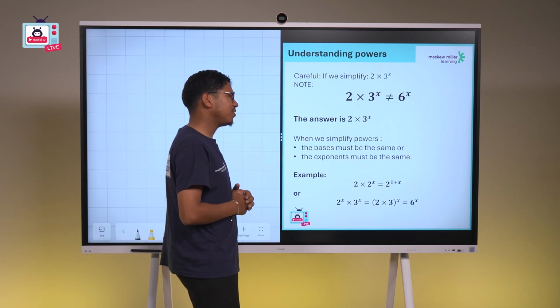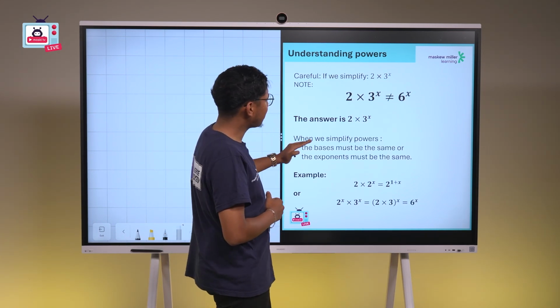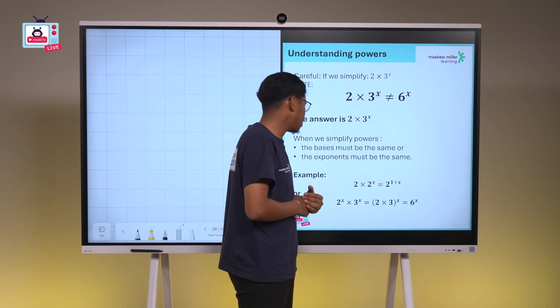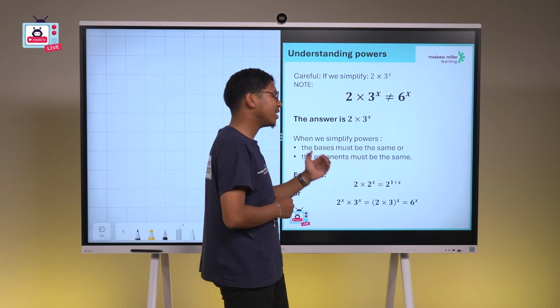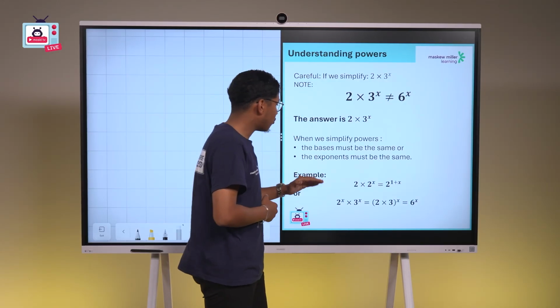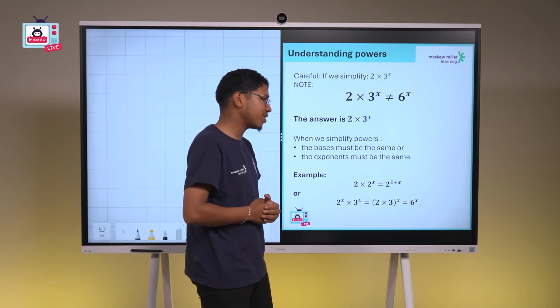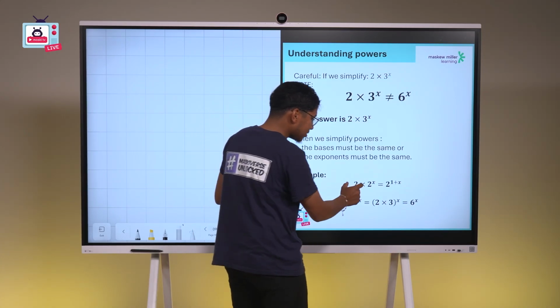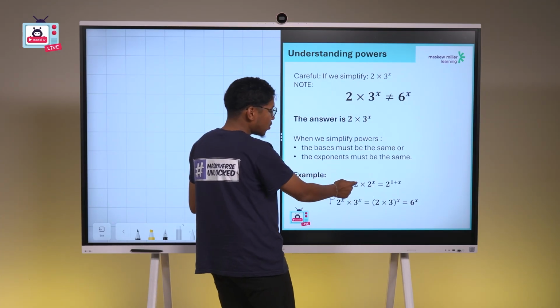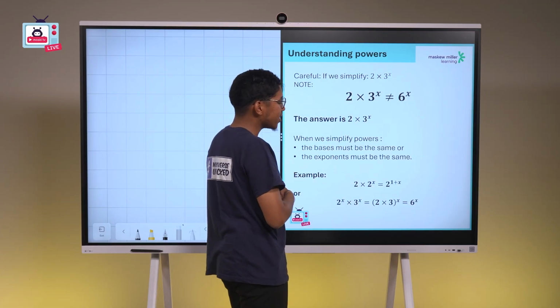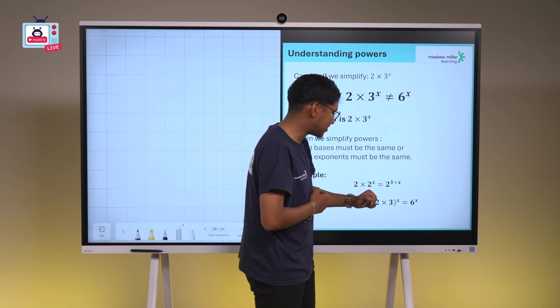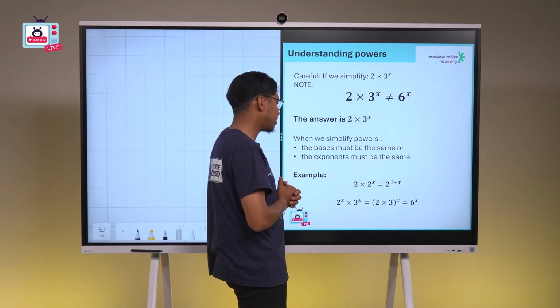Furthermore, when we simplify powers, the bases must be the same, or the exponents must be the same. For example, if we have 2 times 2 to the power of x, here we notice our bases are the same. I know this 2 has an invisible 1 over there, so hence why we have 1 plus x. I'm adding the exponents.